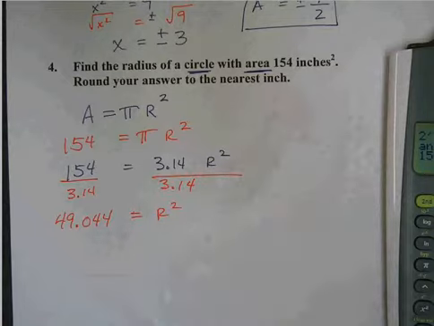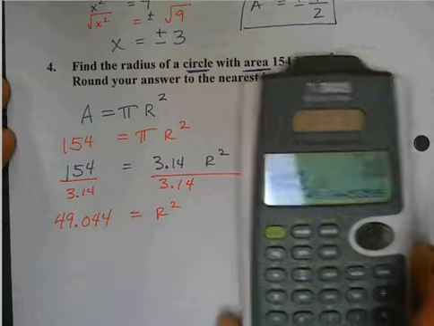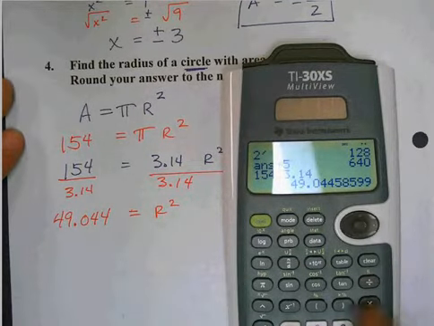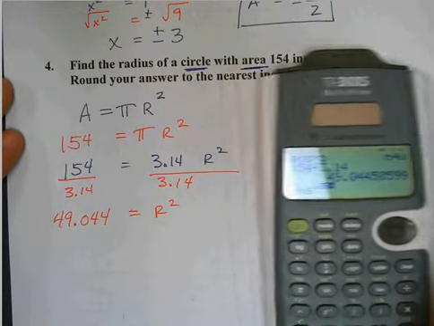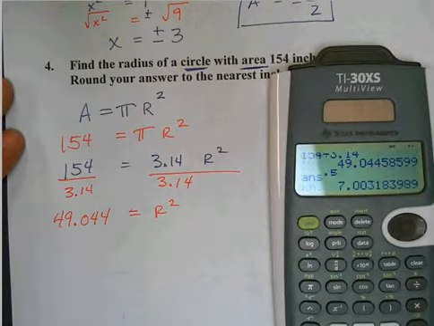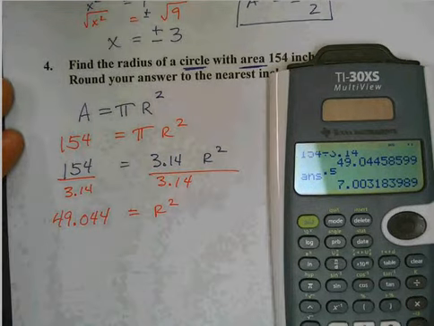What do you remember about square roots? What's the other way to do a square root on your calculator? Do you remember that idea? We take it and we raise it to the power of 1/2. So if you raise it to the power of 1/2, we get 7.003.